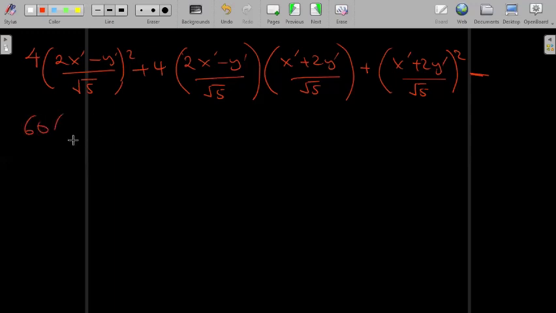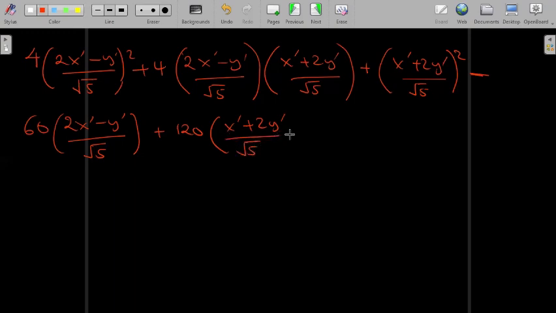Because it's 60x, I replace my x: x prime minus y prime, then divided by root 5. Then the next one has a positive 120, that is going to be x prime plus 2y prime, then divided by root 5. Then this whole thing goes to 0.